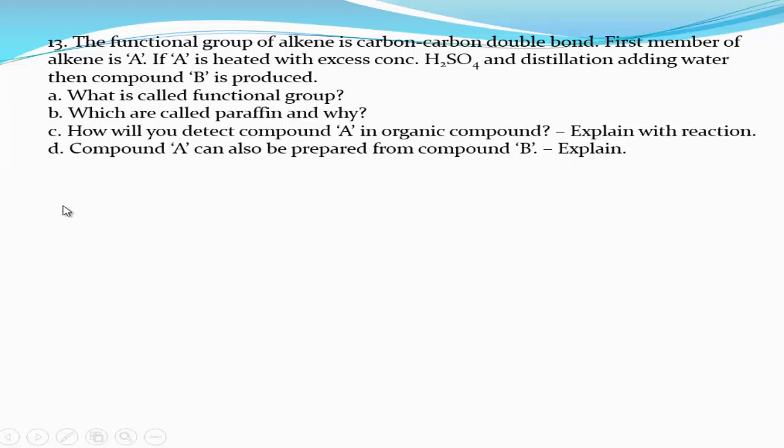Okay, my dear students, observing these many questions, you can already understand what type of questions may come from this chapter. You just have to remember this: in this chapter, all reactions of organic compounds are related with each other.